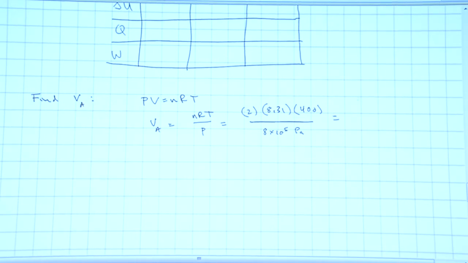And I got 8.3 times 10 to the minus 3 cubic meters.